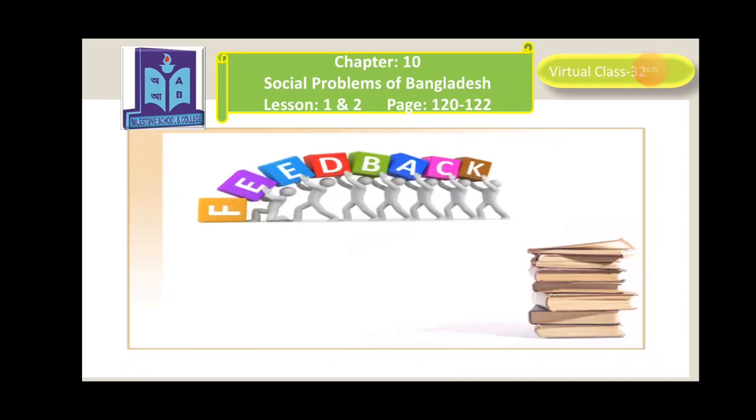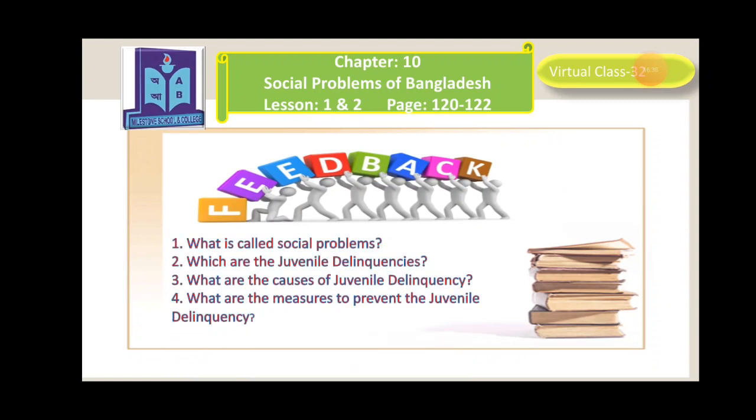So there is a feedback session. I am asking some questions. What are called social problems? Who can tell? Okay, you are right. Any condition or behavior that has negative consequences for a large number of people is called a social problem. Okay, number 2: which are the juvenile delinquencies?